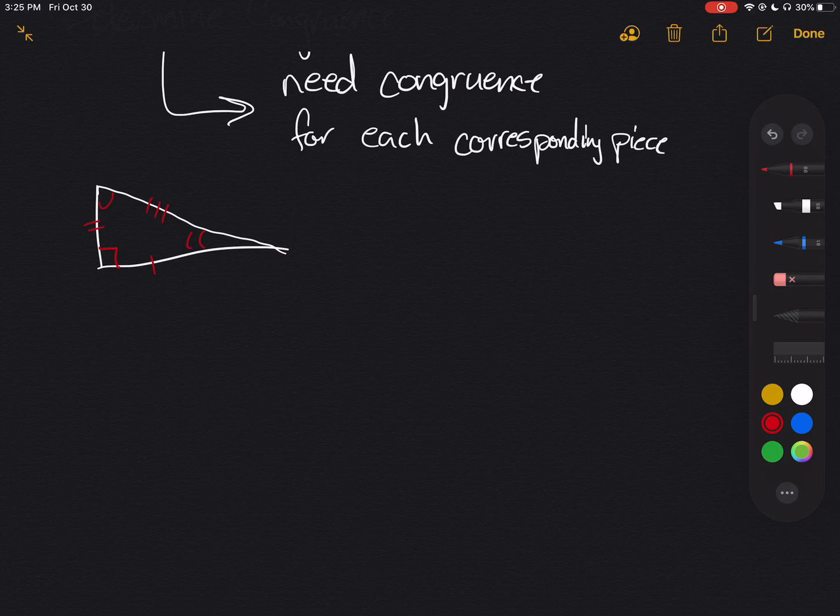Okay? Now, that was maybe a little bit tedious, and it took a while, and it actually turns out that there are some shortcuts that allow me to prove congruence without necessarily proving every single side and every single angle. Okay?